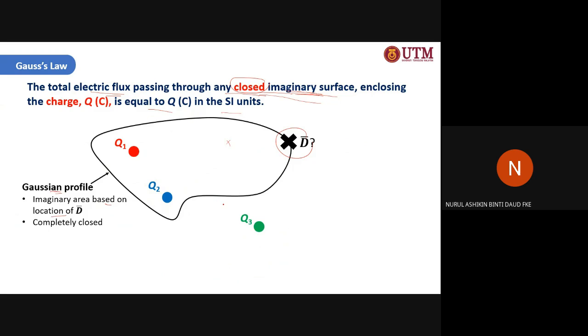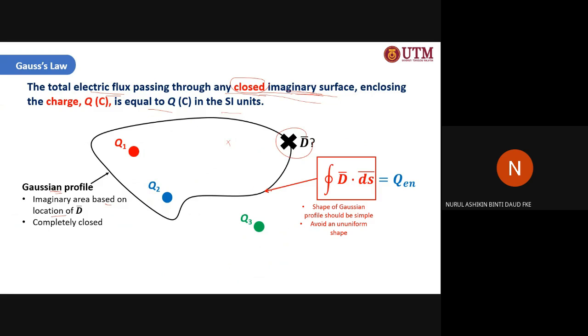Based on the formula that we have learned before, Q is equal to the closed integral of the dot product of the electric field density with the sample area. This equation actually depends on the shape of the Gaussian profile that you draw.